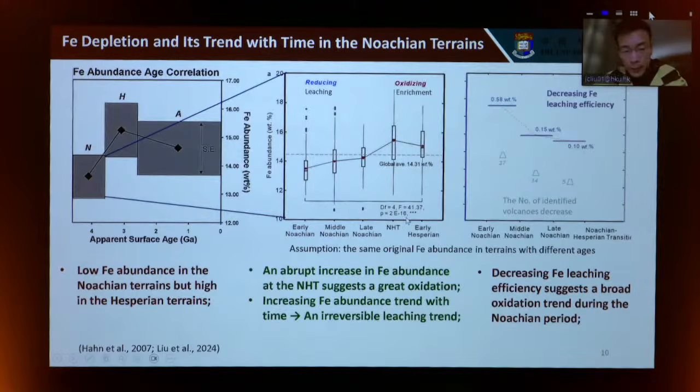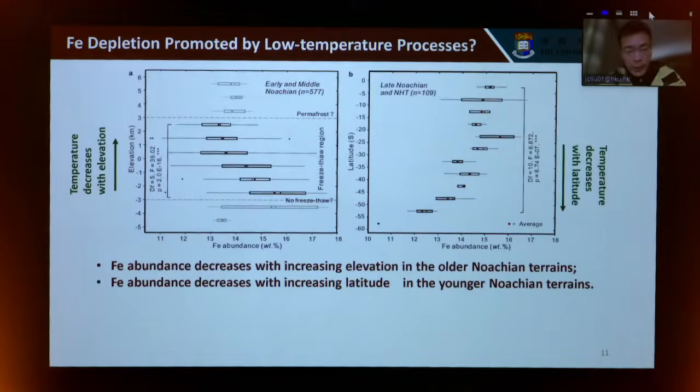So this is iron abundance changing with time, and then we can see how iron abundance correlates with elevation or latitude. For early and middle Noachian terrains, we can see the iron abundance decreases with increasing elevation.